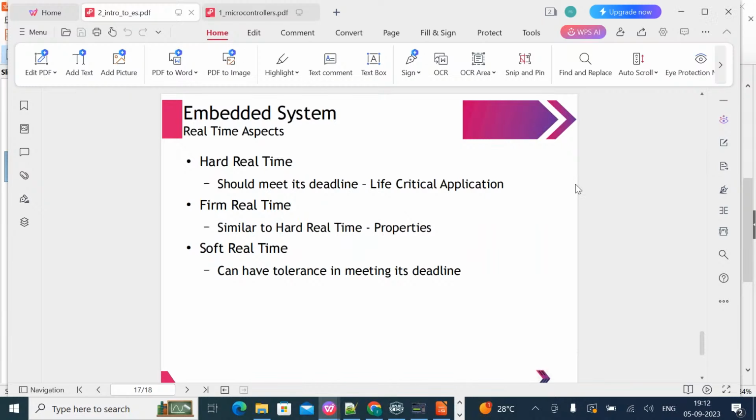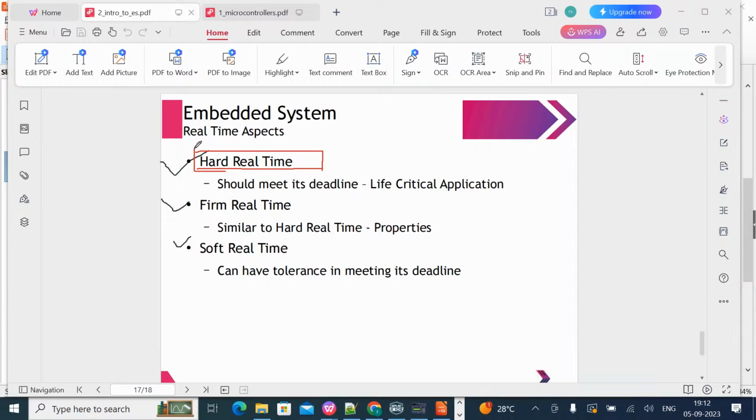You can see here, you can have a hard real-time system, a firm real-time system, or a soft real-time system. Let's try to understand all of this one by one. What do you mean by a hard real-time system? A hard real-time system has to take the action within the given amount of time.